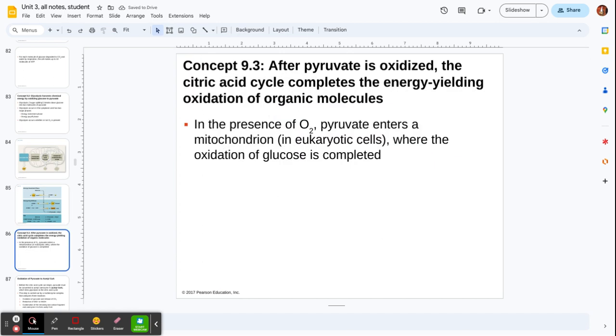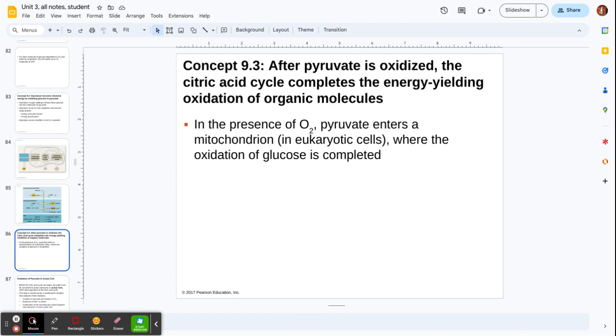All right, so pyruvate, now we have 2 molecules of pyruvate. And those molecules still have a lot of energy in them. But in order to do anything with that energy, we have to do kind of an intermediate step.